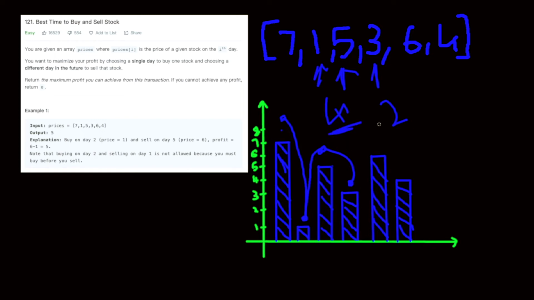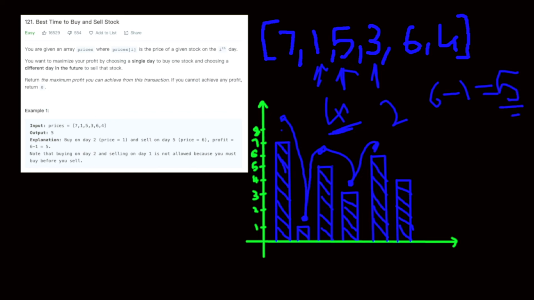We continue to the next element until we have a negative profit. On the 4th day we sell it for 6. So 6 minus 1 is going to give us a profit of 5. Cool, so 5 is now our max.